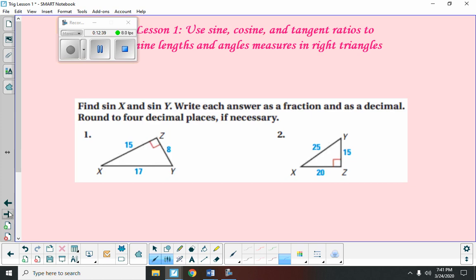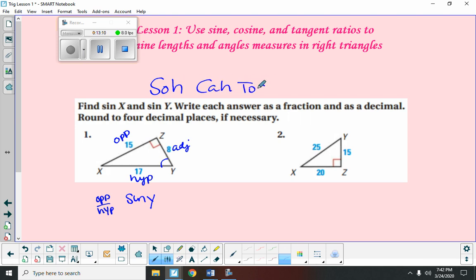So it says find the sine of y. So in this first example, we're going to mark the angle and label the sides. So this is the opposite. This is the hypotenuse, and this is the adjacent. And now we want to find the sine of y. Now remember, sine is opposite over hypotenuse. Let me just write this down here real quick.